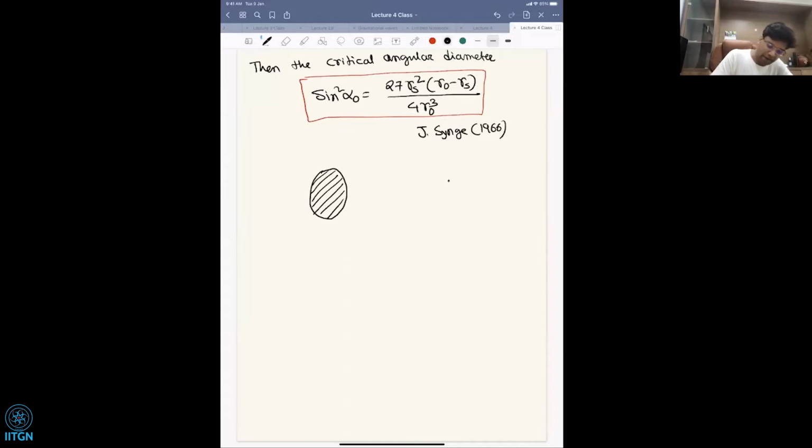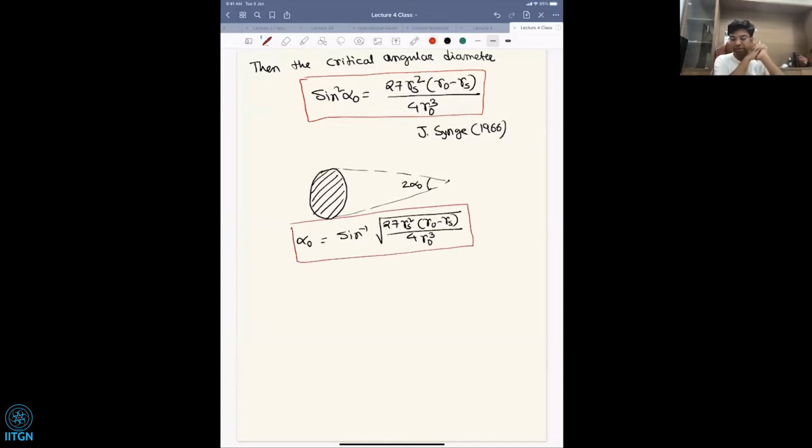The angular diameter subtended by that black spot is given by 2 alpha naught, where alpha naught equals sine inverse of the square root of 27 Rs square (r naught minus Rs) by 4 r naught cube. This is a very important equation which you should remember.